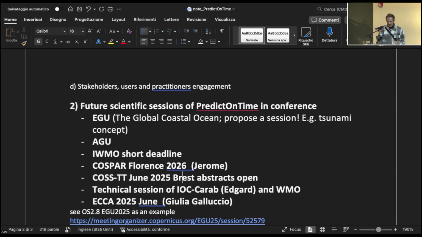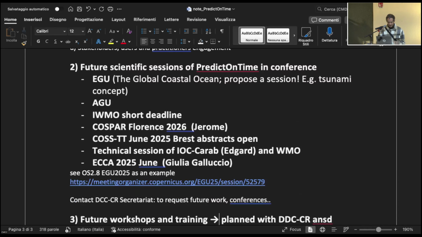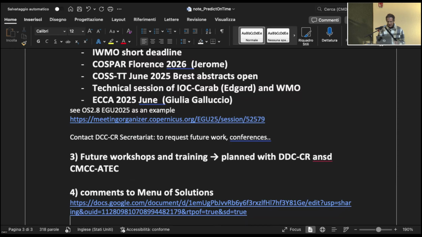Or this CoastT, the IOC Carab, which is a conference proposed by Edgar, and the ECA 2025. And we were already engaged in organizing training, as Nadia presented this morning, but essentially this activity must be developed further.